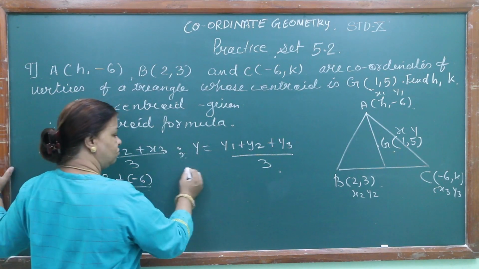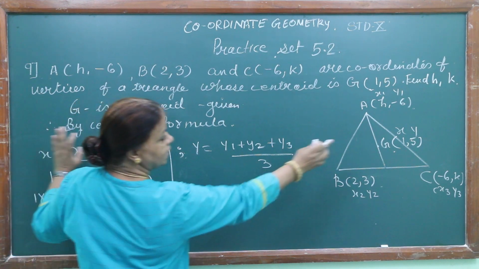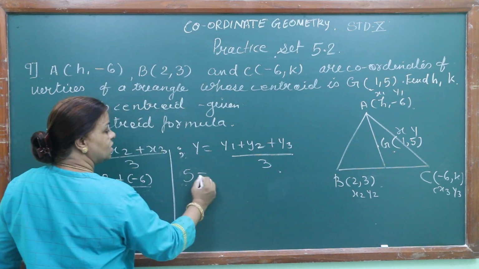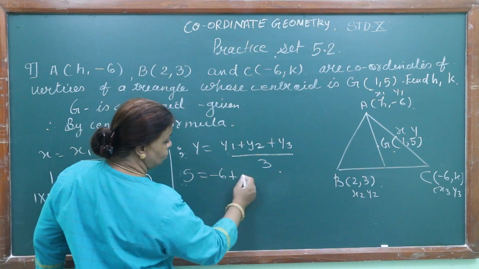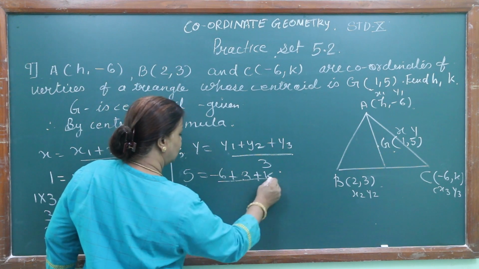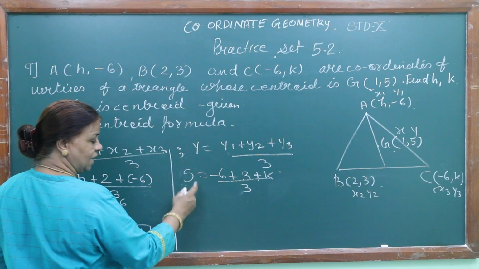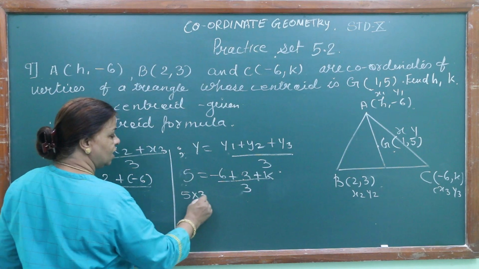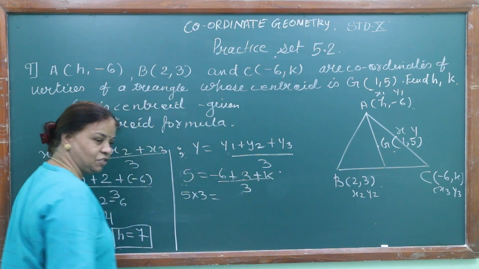Now place the value of y. Y is given as 5 is equal to y1 minus 6 plus y2 3 plus y3 is k upon 3. 3 is in the denominator, it will go and multiply with 5. 5 into 3 is equal to minus 6 plus 3, 1 is minus, 1 is plus, so subtraction will be there.